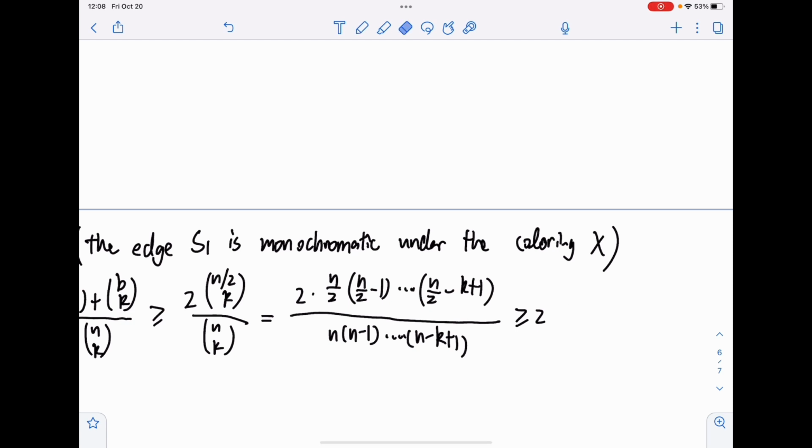We'll let H be the k-uniform hypergraph obtained by choosing m edges, let's say S1 to Sm, independently and uniformly at random among the subsets of vertices with size k.